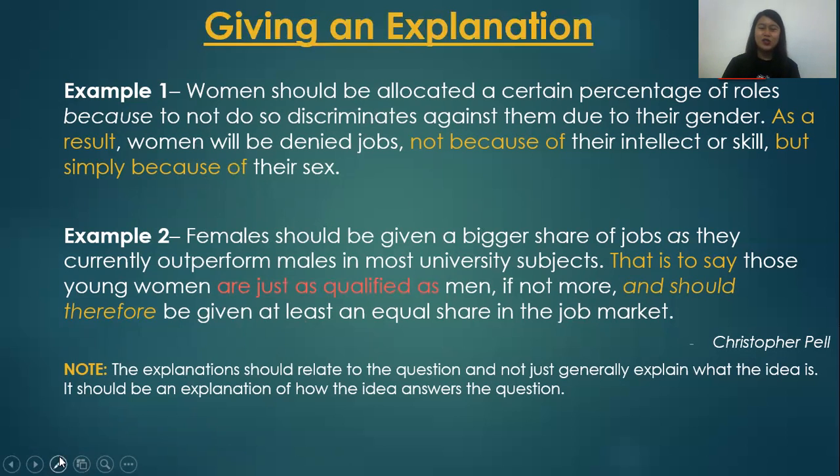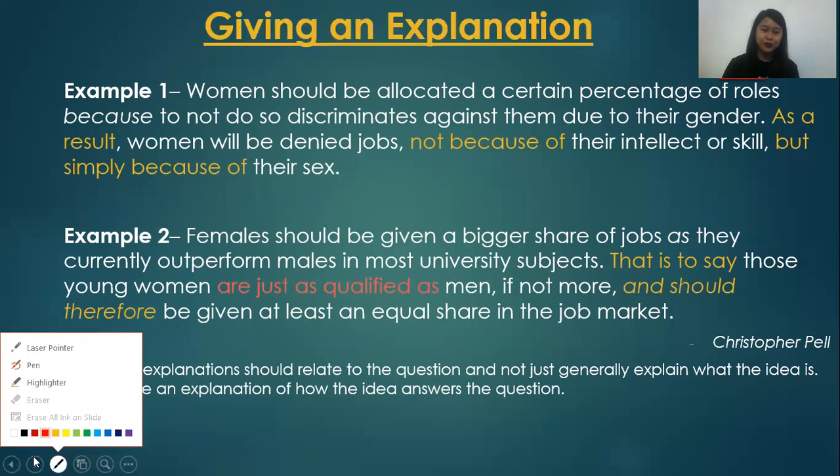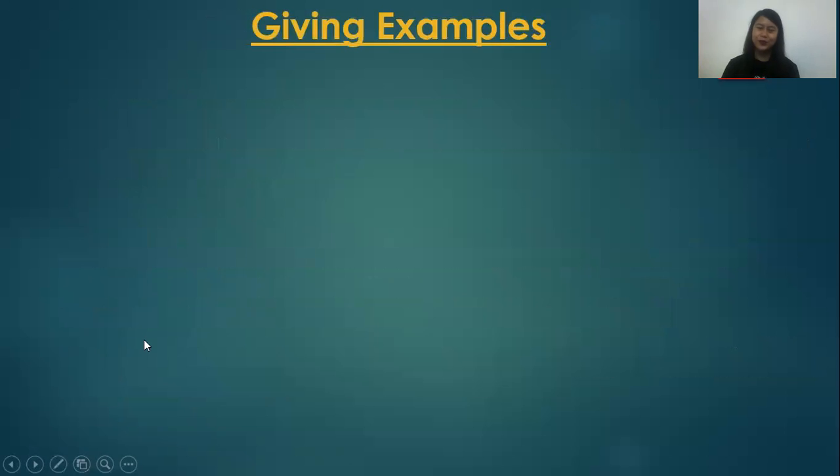All right. So body paragraphs don't only have topic sentences or explanations, but also examples. And a lot of students have difficulty here because they tend to give too general examples. So why do we actually need examples? Examples make our argument stronger.